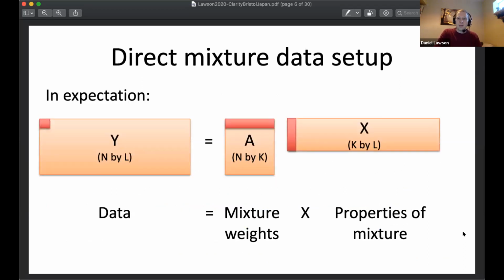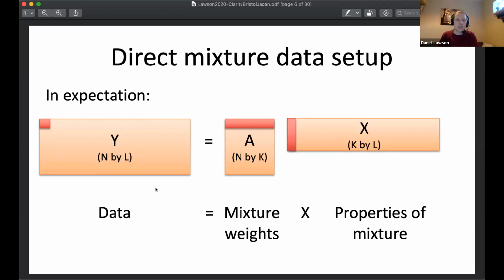Many of the viewers will be familiar with mixture models, and so these are typically simple when you have a setup that is talking about items on their x-axis here that are described by their features. So we have L features and we have N items.